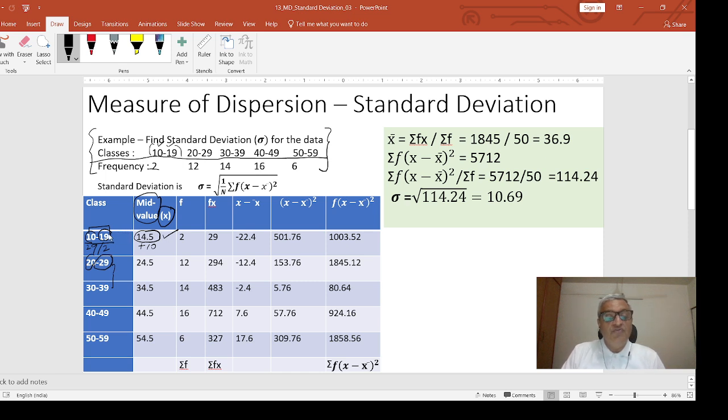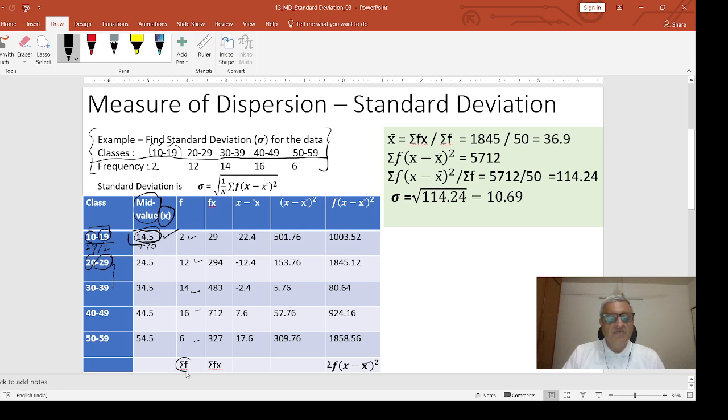So we have to assume that some value is taken, and the best way to assume is to take the mid value. Frequency is given to us: 2, 12, 14, 16, and 6.